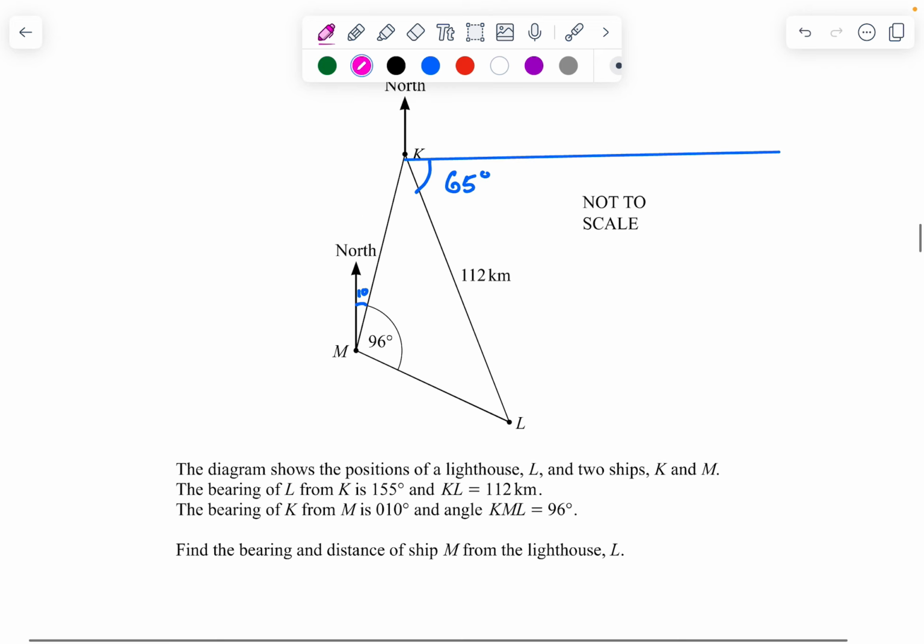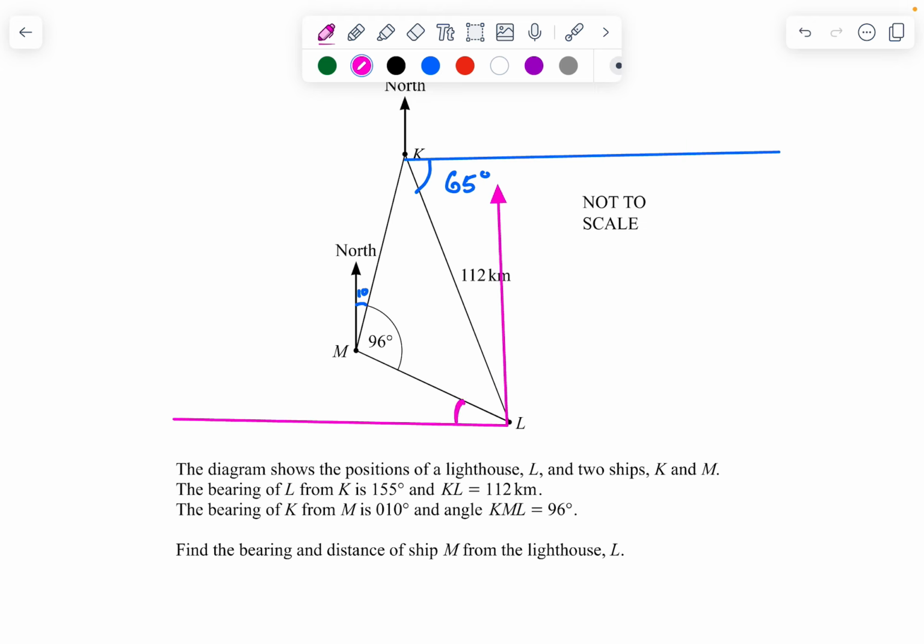Find the bearing of M from L. So from L, I draw 90 degrees north. Then from there, I go 90, 180, 270. So I need to find this extra angle theta. I am going to join this line. This line is 90 degrees. Now we know that this entire angle is going to be 180.